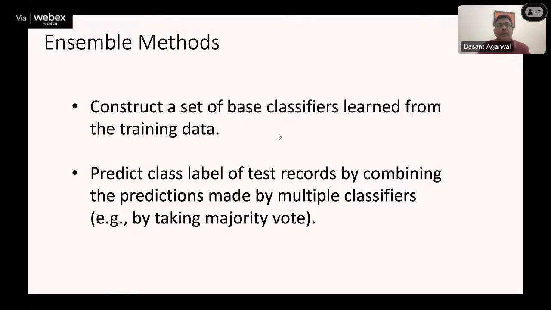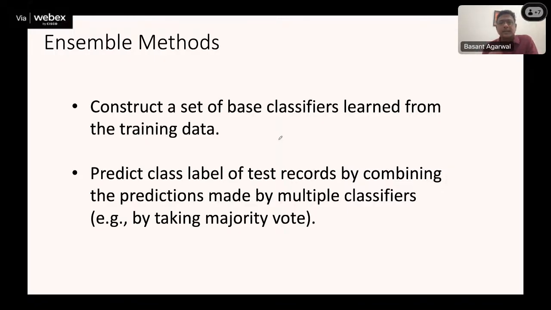The idea of an ensemble method is that we generally construct base classifiers learned from the training data, and we make a lot of base classifiers. So we create a set of base classifiers, and then we try to predict the class label based on the predictions made by all of the base classifiers, and we take the majority voting.